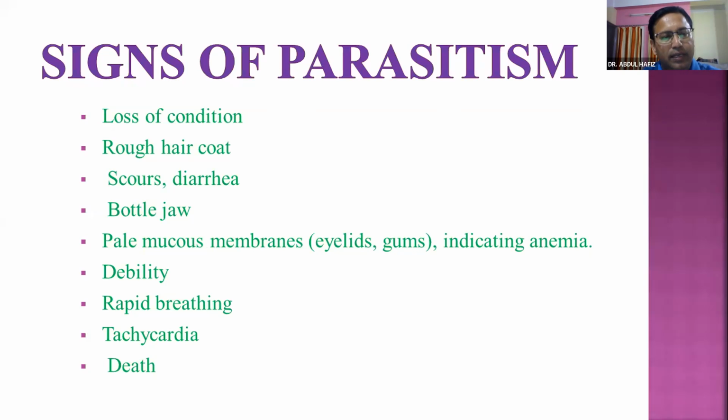But in sheep and goat, I have seen numerous parasites, bundles of parasites, in the abomasum.